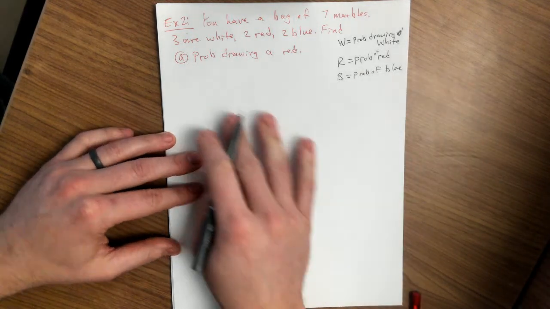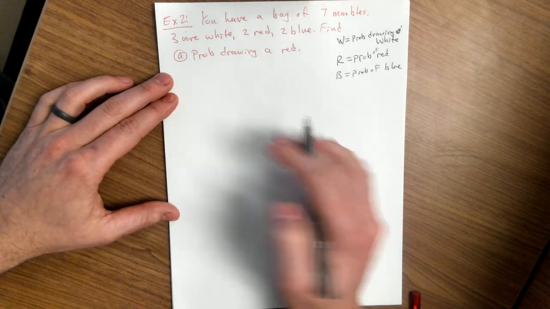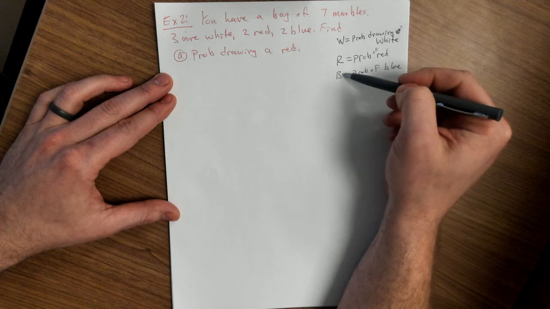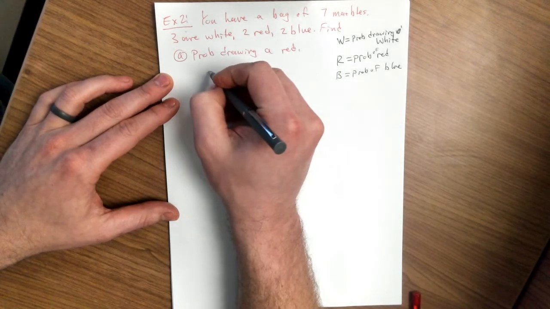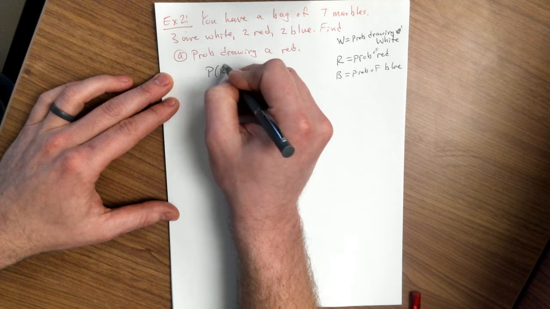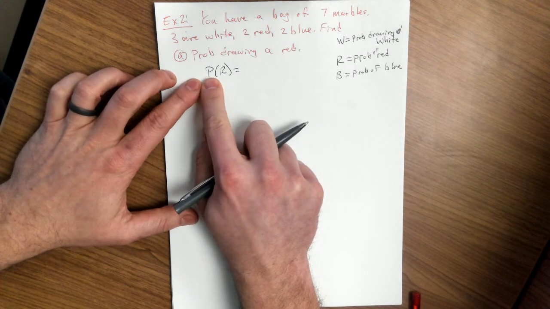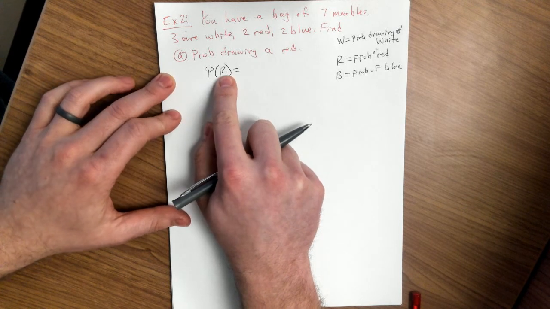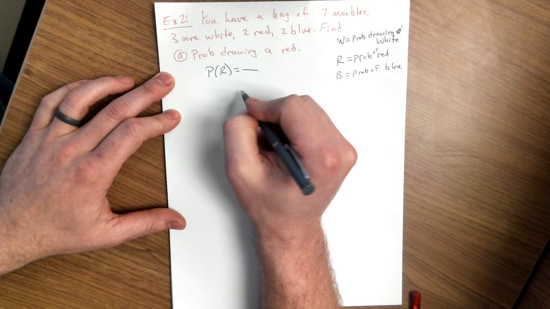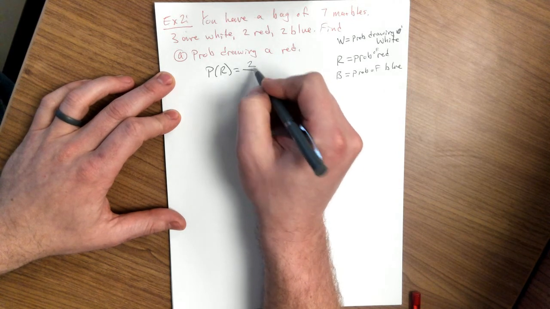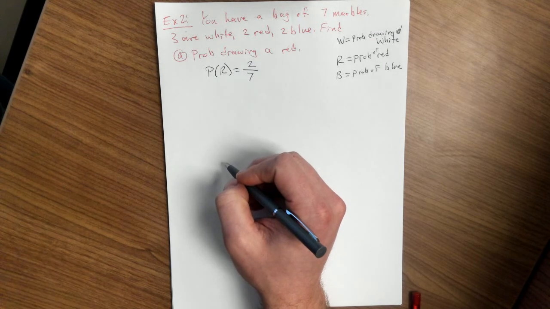So now when I come over here and work A, B, C, D, E, F, or however many examples I'm going to do, all I have to do is write this letter, and that tells me the probability that I'm finding. So probability of drawing a red: all I have to do is write P of R like this. So I know I'll have a divide sign, and there's 2 reds out of a total of 7. Simple as that.